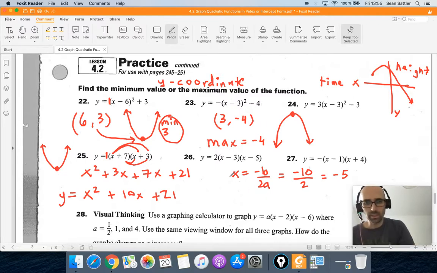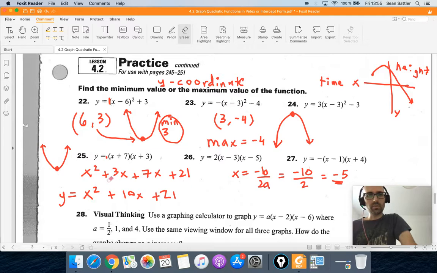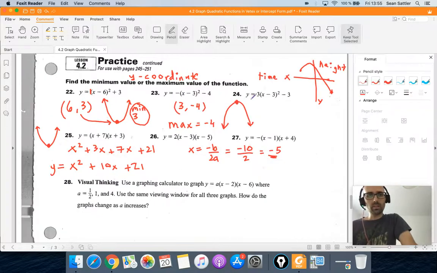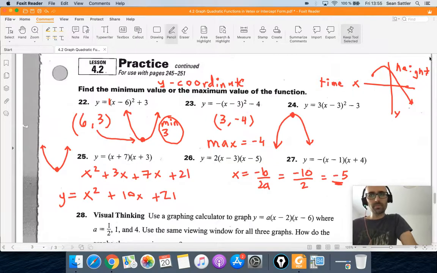Okay, so now we need to plug in -5 into our original function or into our standard form function. I think the original function is easier since it's in intercept form. We don't have to do any squaring. So we're just going to plug in -5 for x, so we get (-5 + 7)(-5 + 3).